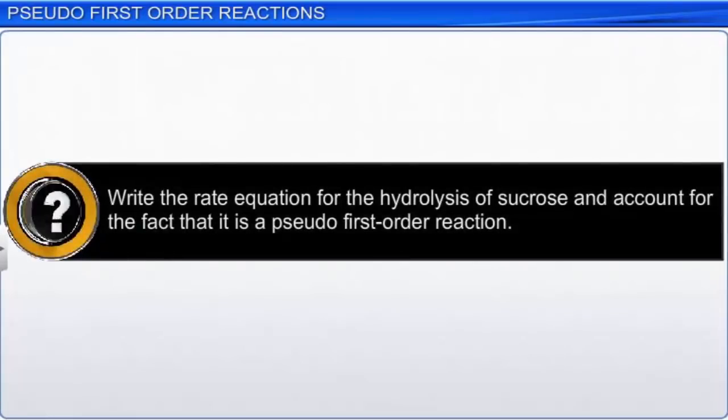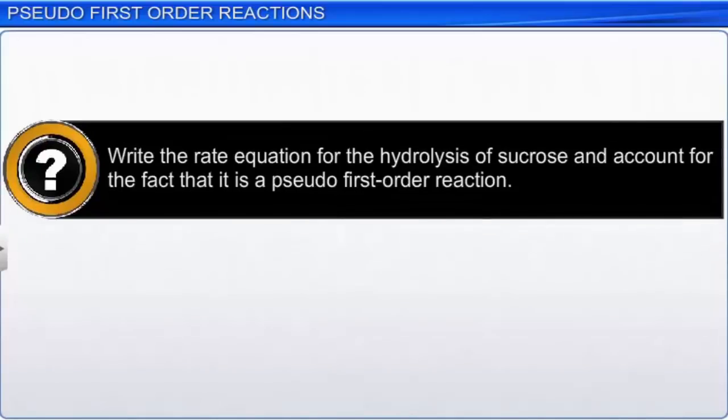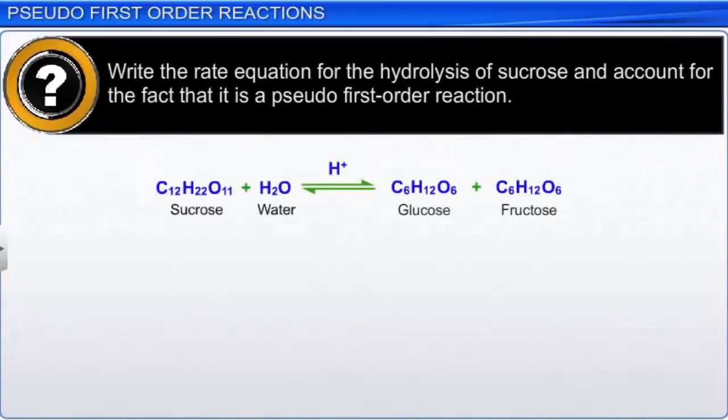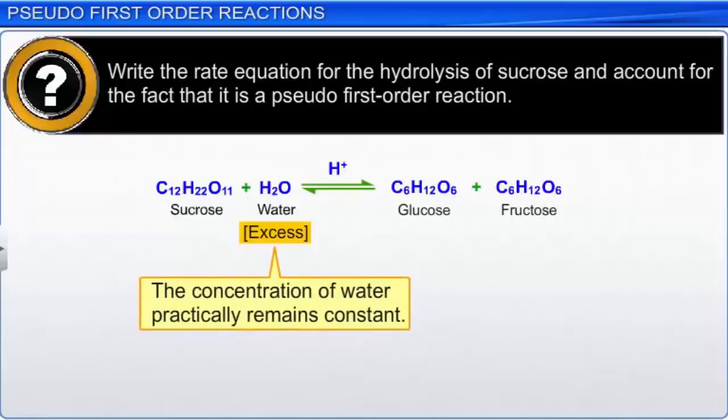Now, try to write the rate equation for the hydrolysis of sucrose and account for the fact that it is a pseudo-first order reaction. You know that sucrose, on hydrolysis in the presence of a dilute mineral acid, gives glucose and fructose. Excessive water is used for the reaction, and hence, the concentration of water practically remains constant.